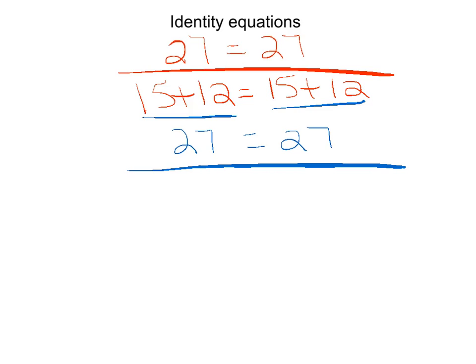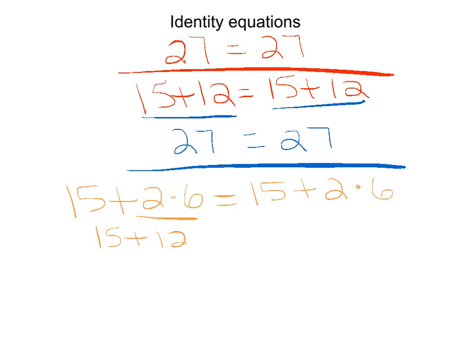For example, you might have the equation 15 plus 2 times 6 equals 15 plus 2 times 6. 2 times 6 is 12. 15 plus 12 is 27.